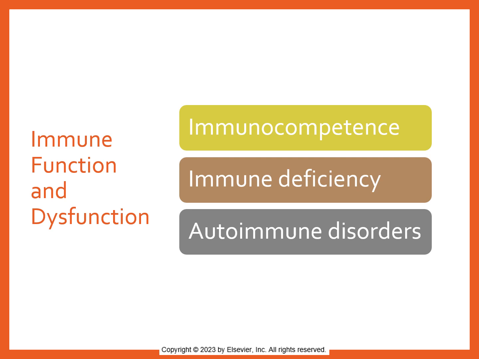These abnormal responses can be divided into two basic categories: immune deficiency conditions and hyperactivation of the immune system, which includes autoimmune disorders and autoinflammatory disorders. Autoimmune and autoinflammatory disorders can be organ-specific or systemic.